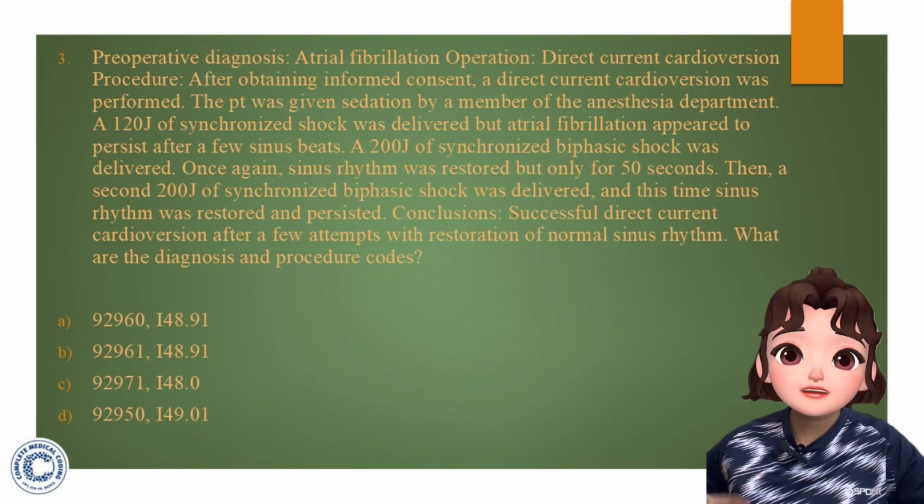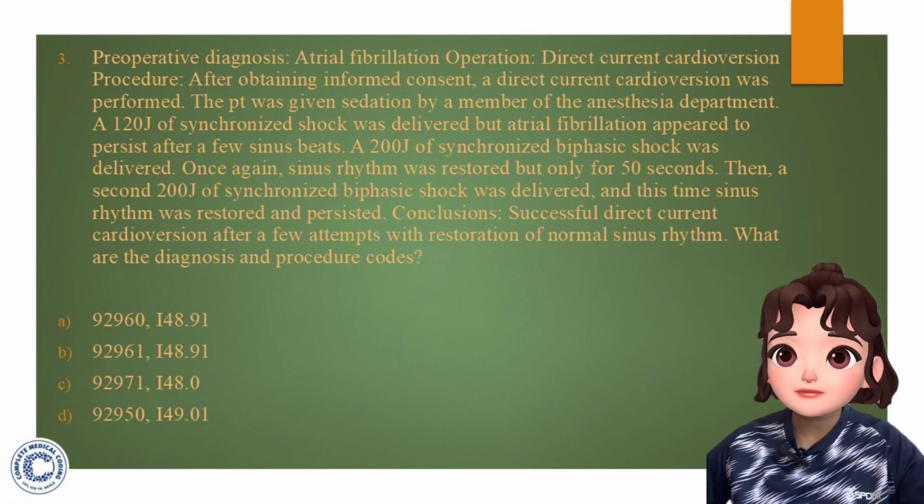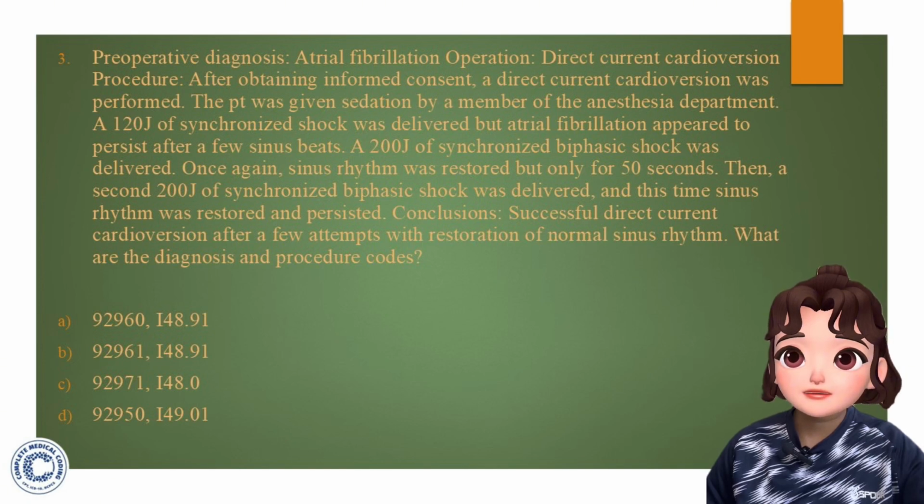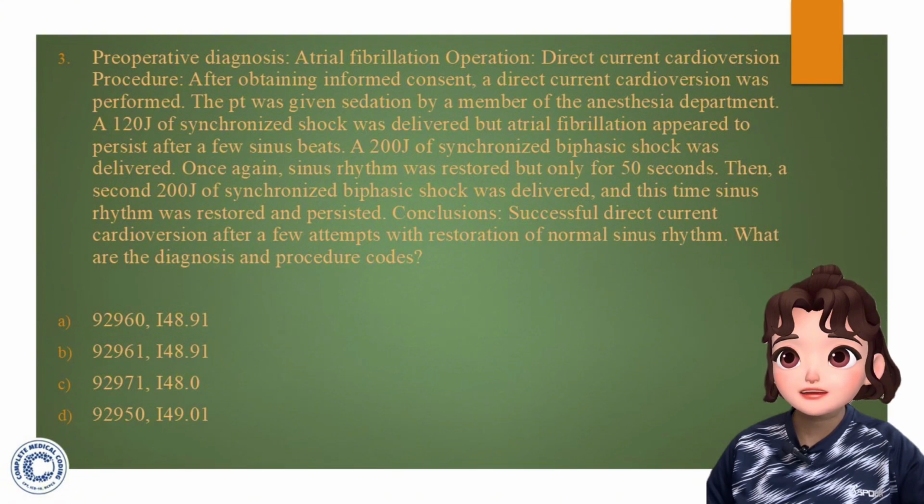Procedure anyway, they will give in detail, and you need to check out the CPT codes, okay. But if you can find exactly the diagnosis code, then you can skip a few options in the question. So here the preoperative diagnosis is atrial fibrillation, and operation means the procedure, direct current cardioversion, is the procedure done. And what is the postoperative diagnosis? That word is not mentioned, but see the conclusion: successful direct current cardioversion after a few attempts with restoration of normal sinus rhythm.